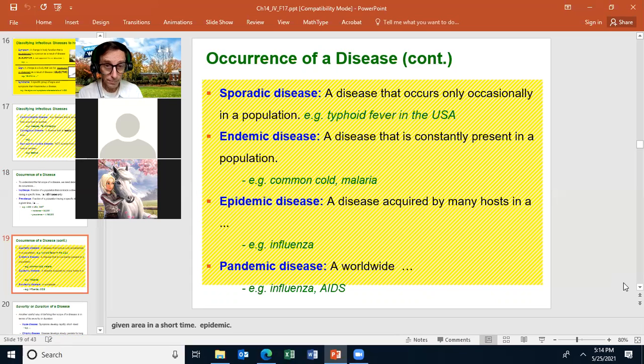At the moment, we have a pandemic disease of COVID-19 in the world, where the cases are much higher than normal. And of course, before 2019, there were no cases of it. But it started as an epidemic in China, and it quickly spread worldwide and became pandemic.